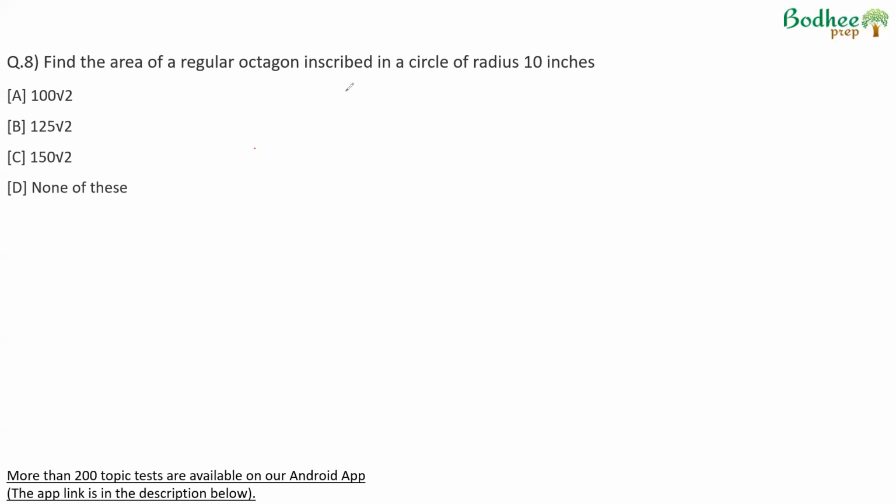Find the area of a regular octagon inscribed in a circle of radius 10. Here we have an octagon. Let us draw diameters and equally divide.